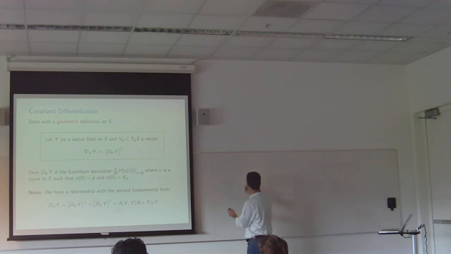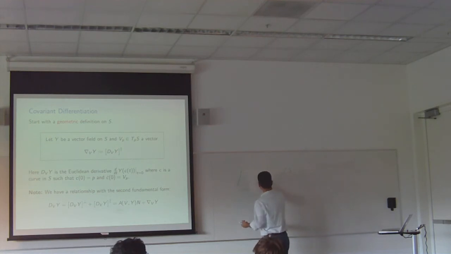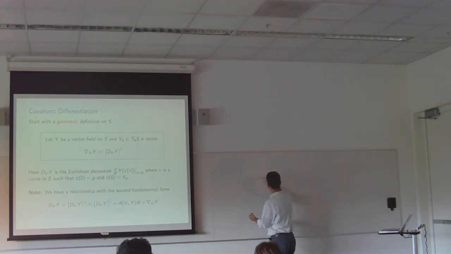So the picture is, here's your surface S. Here's your curve, here's your point P, here's your direction V. Then you have this vector field, which is everywhere, but I'm measuring it along the curve, right?